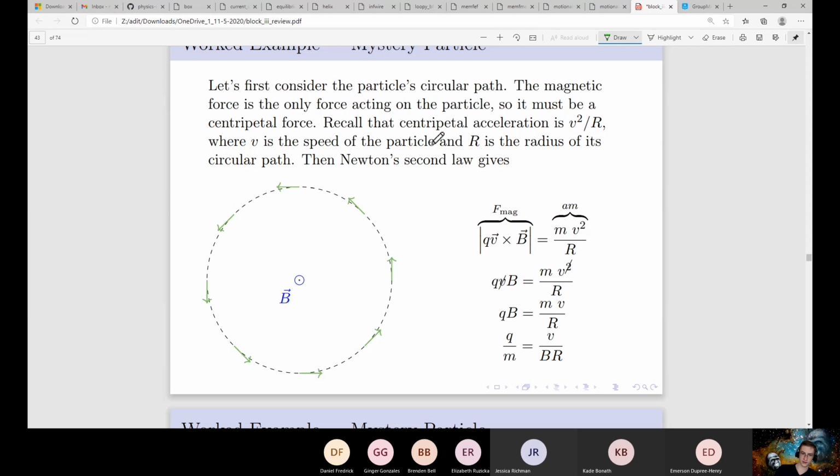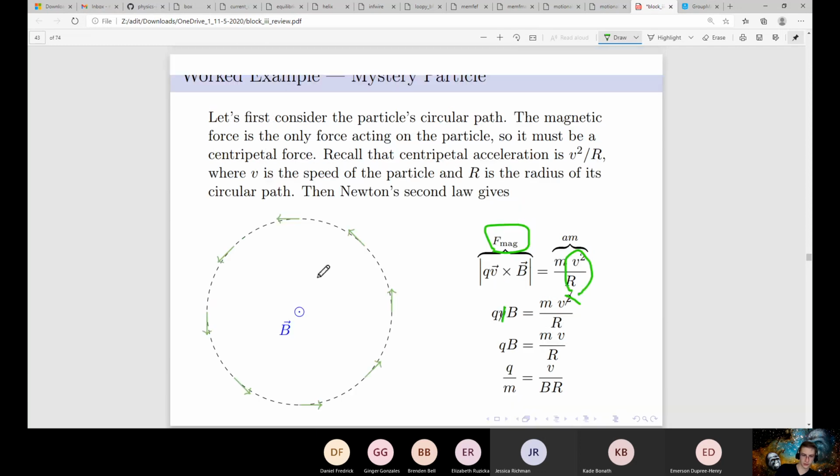We can just say then that the magnetic force, qv cross B, or rather its magnitude, is just equal to the magnitude of acceleration from Newton's second law, force is equal to mass times v squared over r for circular acceleration. If I consider the magnitude of that cross product, well, they're perpendicular vectors, so I can just think about the multiplication. The v's cancel. I have q times B is equal to mv over r.